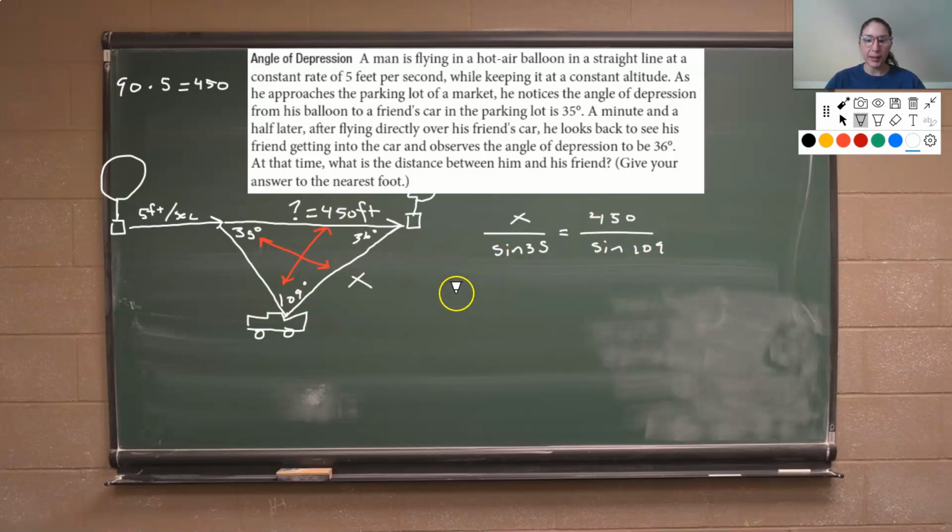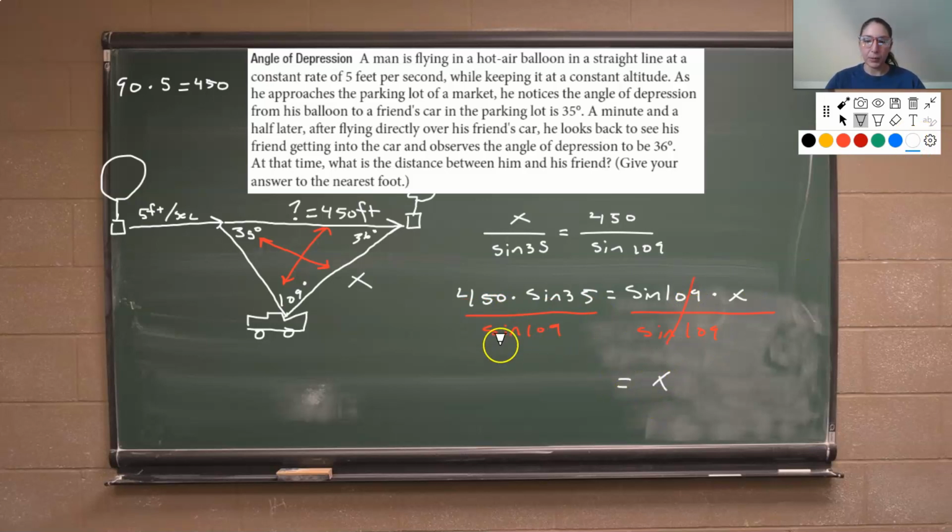Okay, let me cross multiply. So we have 450 times sine of 35 is equal to sine of 109 times x. Divide both sides by sine of 109. So these guys cancel, so now we'll be able to figure out our x.